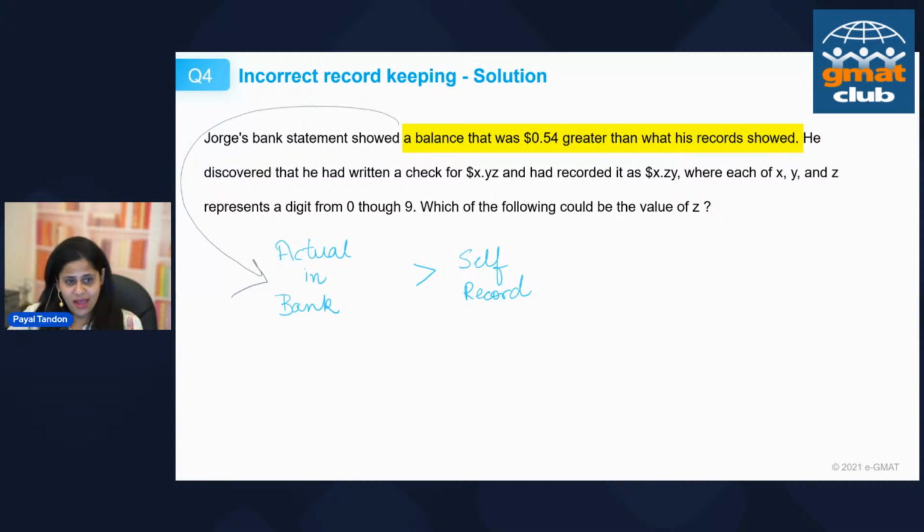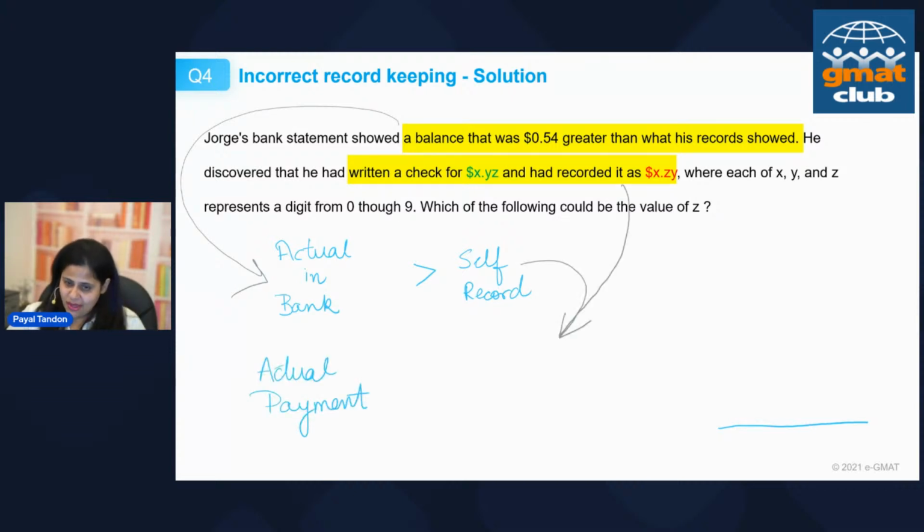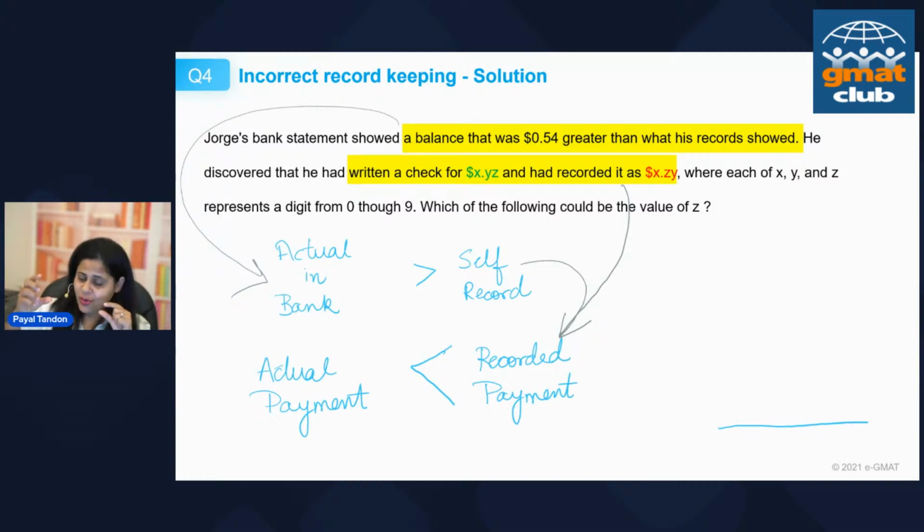What does that mean? This means that I actually paid less, right? So the actual payment was less than the recorded payment, or in other words, Jorge must have incorrectly recorded a larger number, right? But he would have done the actual payment that he made. That's another way to say it, right?